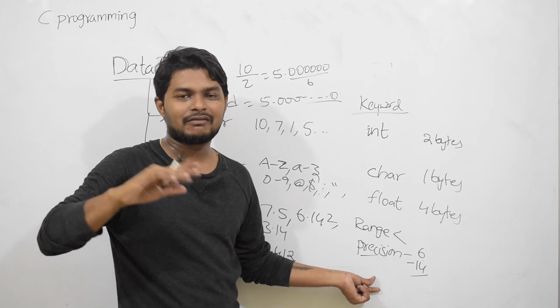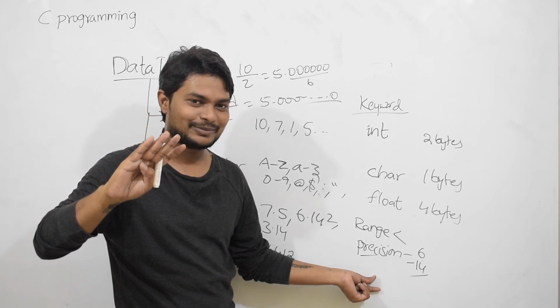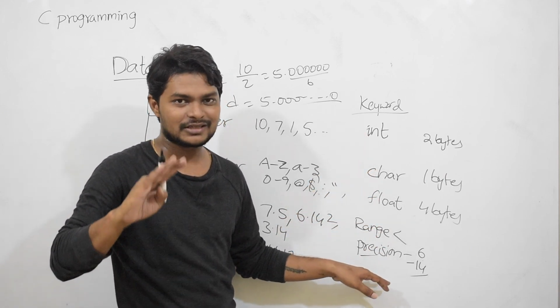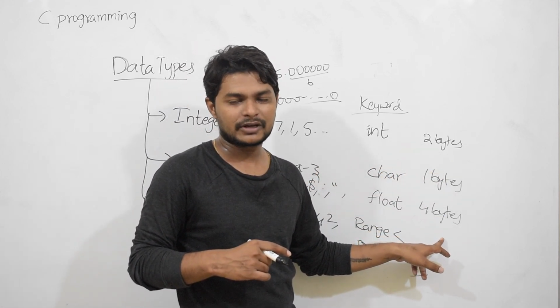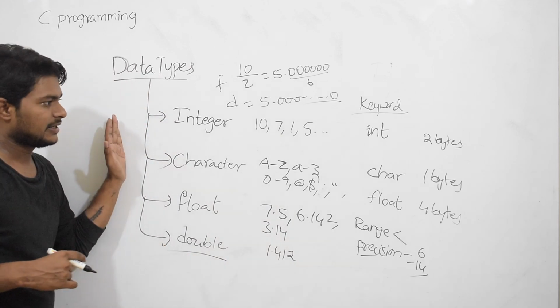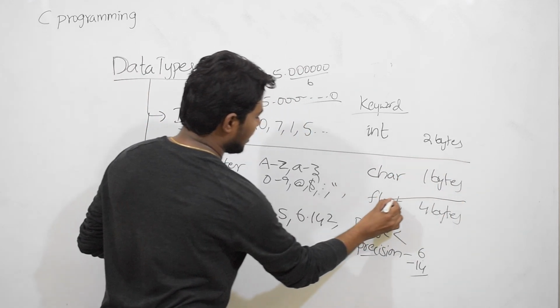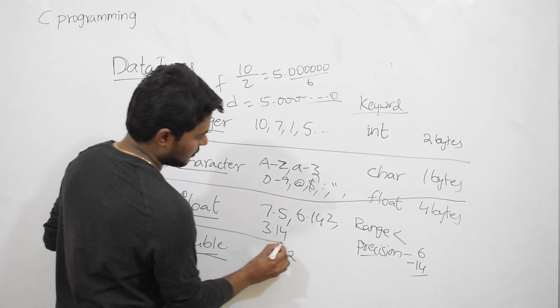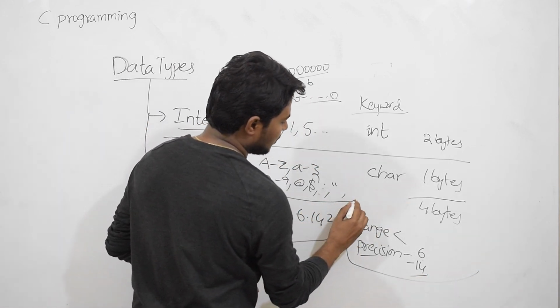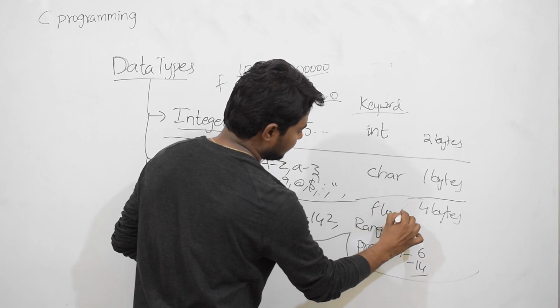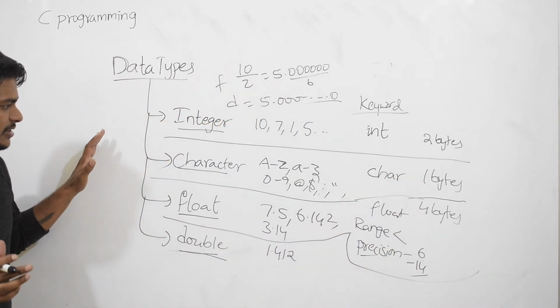Out of 32 we covered 4. These are 4 keywords, and their sizes are also mentioned here. This is all about data types, and there should be a clear separation of which data types we are using. I hope you understand this.